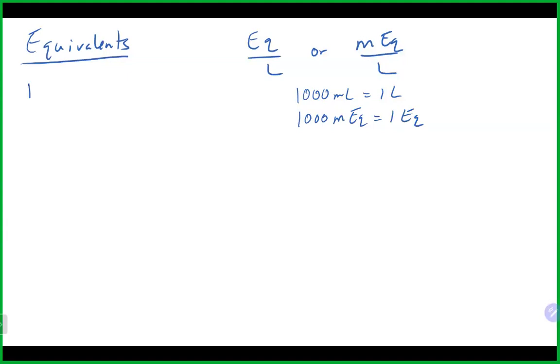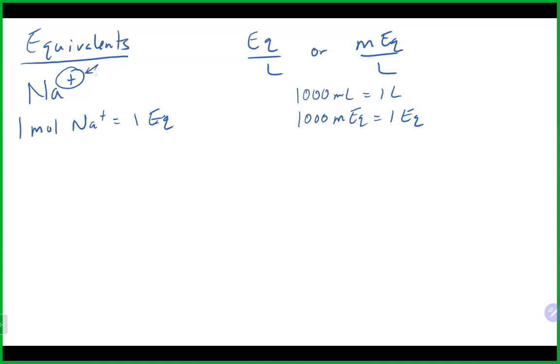So if we had a sodium ion, the sodium ion has a +1 charge, and it doesn't matter if it's a positive or a negative charge in this case. What we're looking at is actually just the number. We could come up with a conversion factor that 1 mole of sodium ions gives me 1 equivalent.